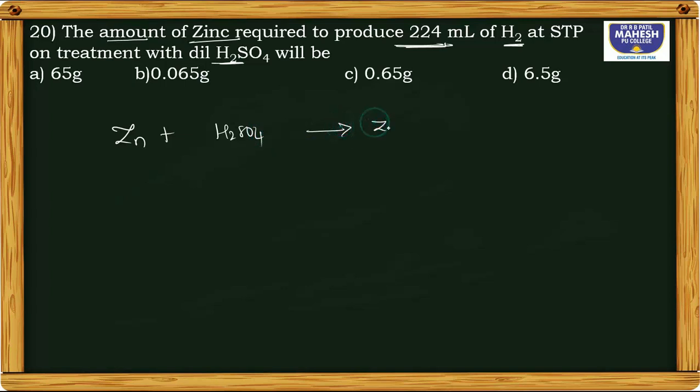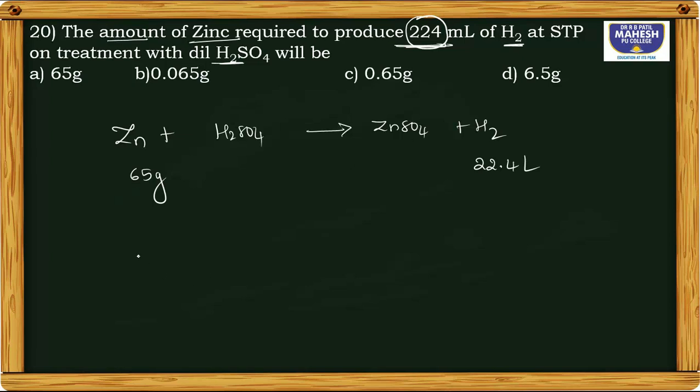When it reacts, it forms zinc sulfate and hydrogen gas is liberated. This equation is already balanced. 65 grams is the atomic mass of zinc. When it reacts, it forms 22.4 liters of hydrogen. The question is to form 224 ml of hydrogen at STP, the amount of zinc required.